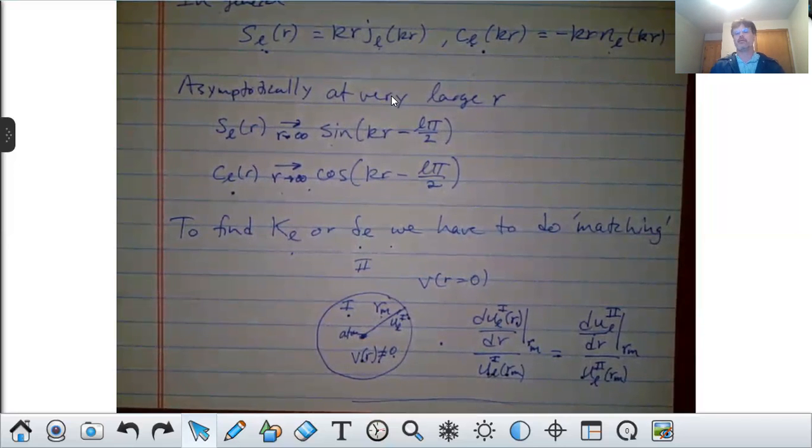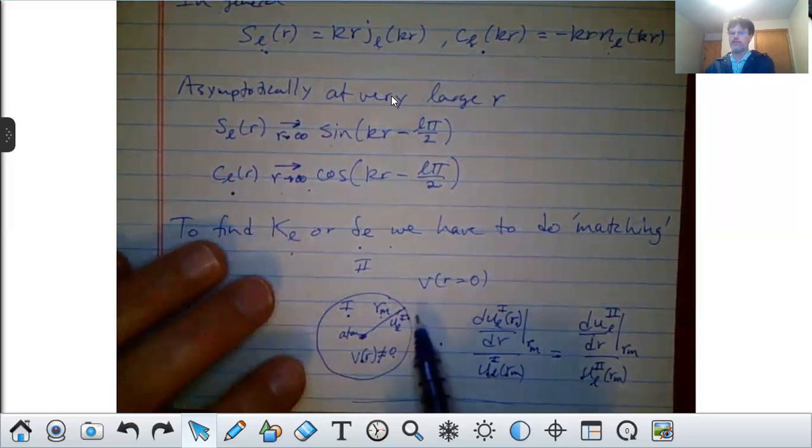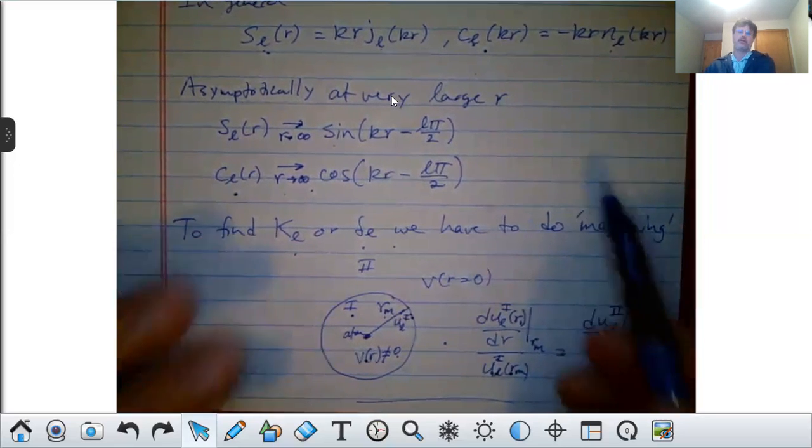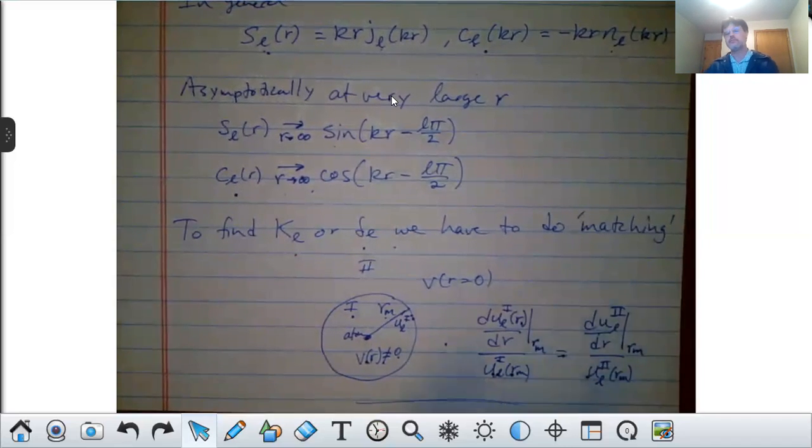Other things I should maybe point out: oftentimes you have potentials that don't really go to 0 very fast. You have to integrate out very far before the potential is small enough that you can do this matching.